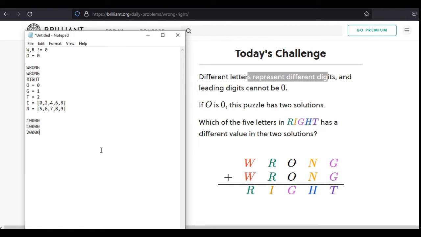Correct. So R is not 1. R can be 2 to 9. So big range, but at least we have eliminated a couple of numbers.